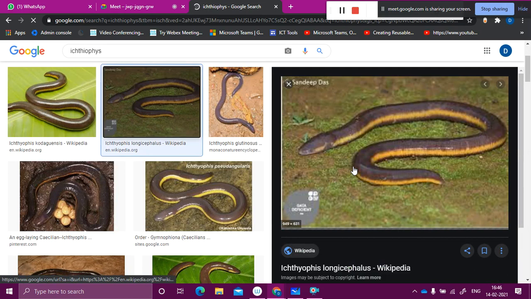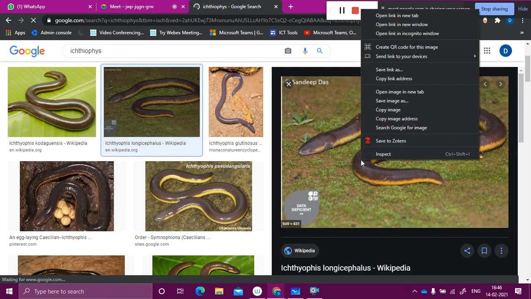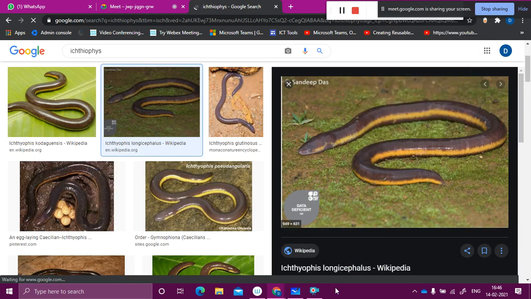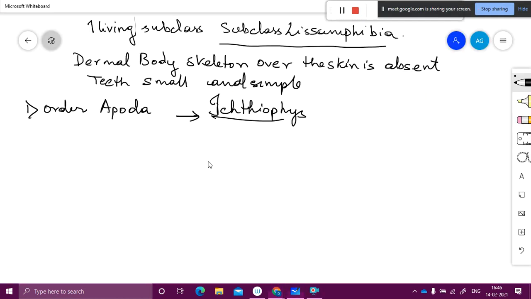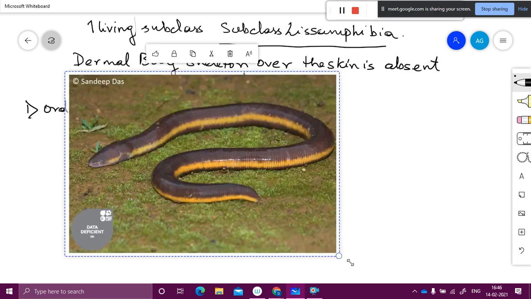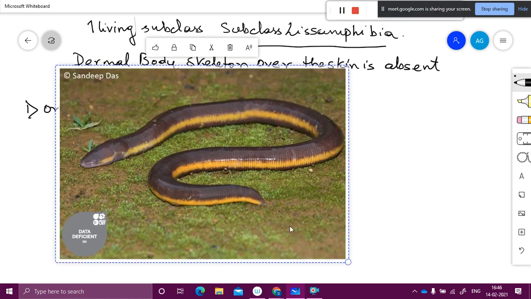Just hold on, the internet is opening. It's going very slowly. This is how it looks like. Ichthyophis. They don't have limbs.